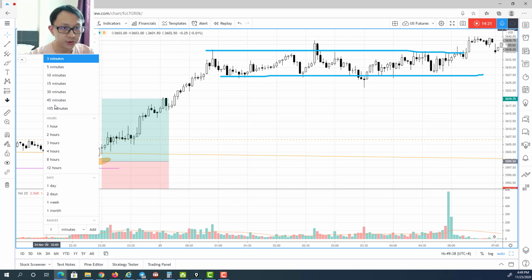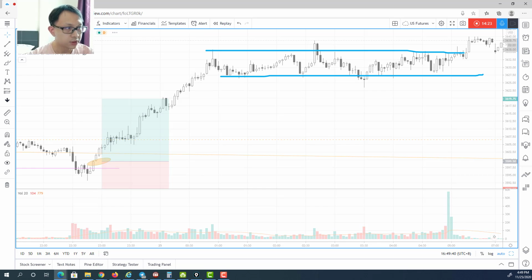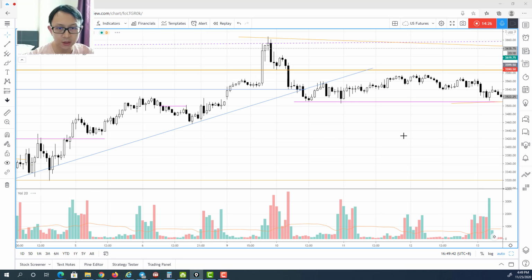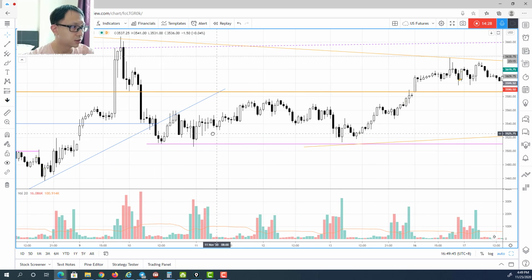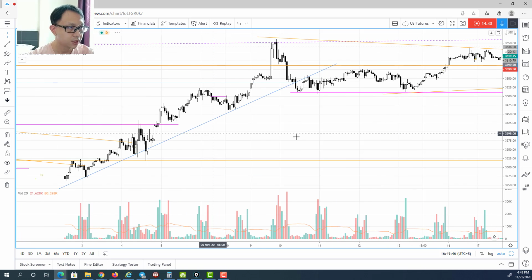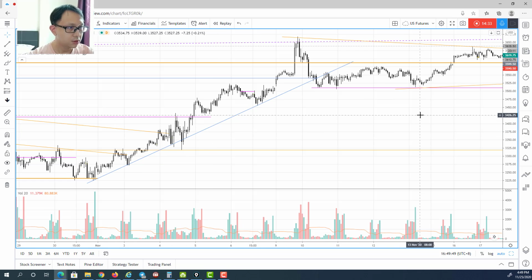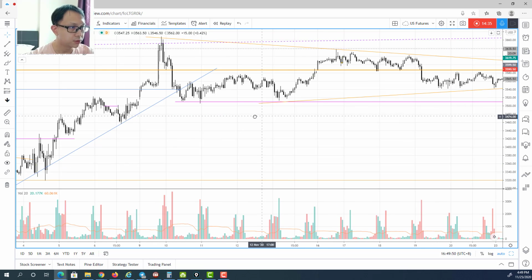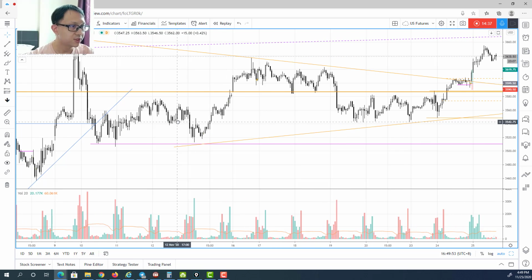Let me get back to the hourly time frame and let's talk about the current market condition, the current market outlook. So if we just quickly zoom out here, we can definitely see this symmetrical triangle, which I talked about in my video yesterday.